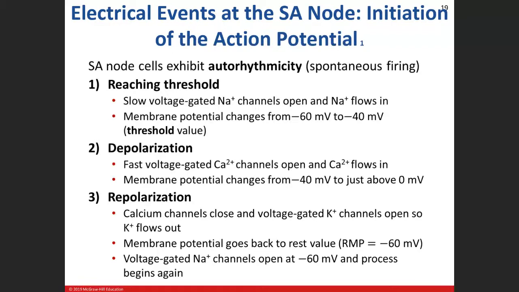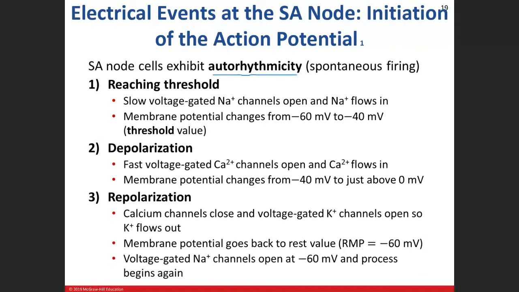This phenomenon, autorhythmicity, okay, which is just that spontaneous firing. And after I describe and explain this to you, you'll understand why we label these nodal cells with this term of autorhythmicity, that spontaneous firing.